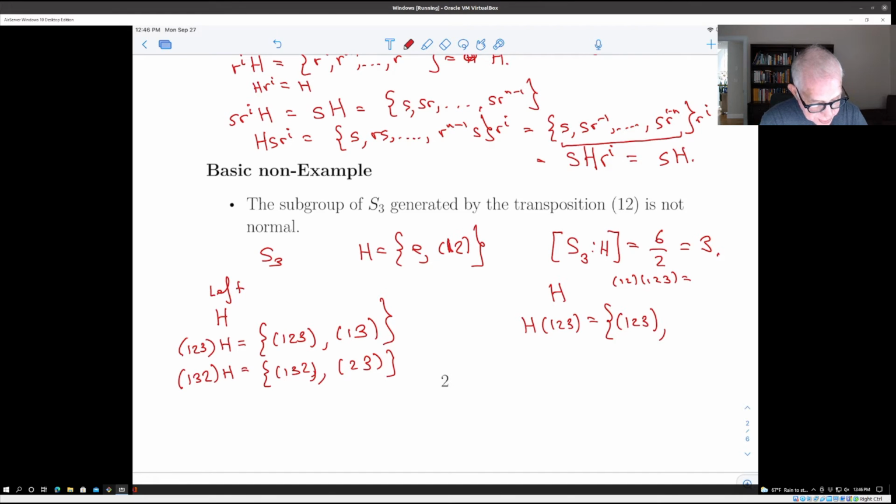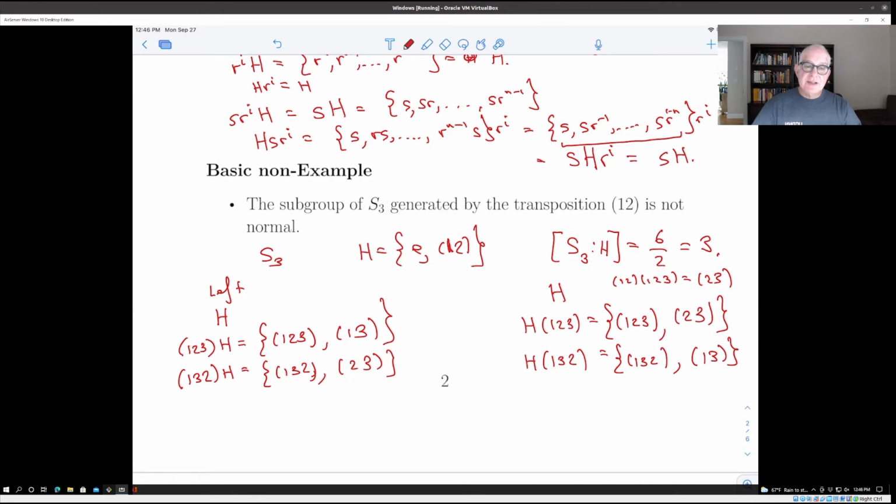Here we have 1 goes to 2 goes to 1, 2 goes to 3, 3 goes to 1 goes to 2. And we have H times (1 3 2), which is (1 3 2), and (1 3). And now you see the left and right cosets are not the same.